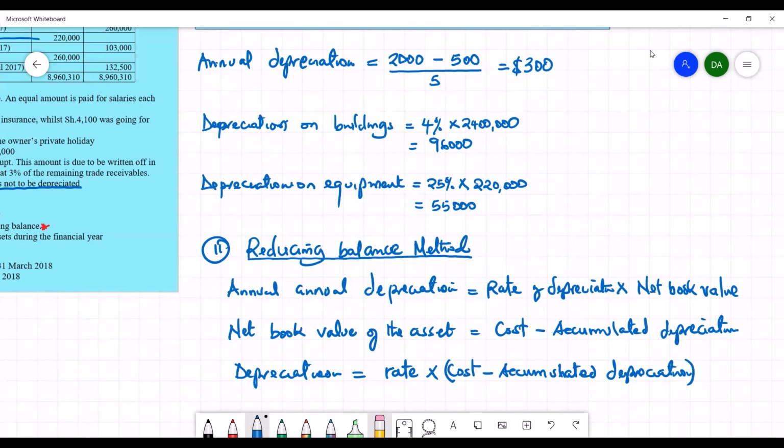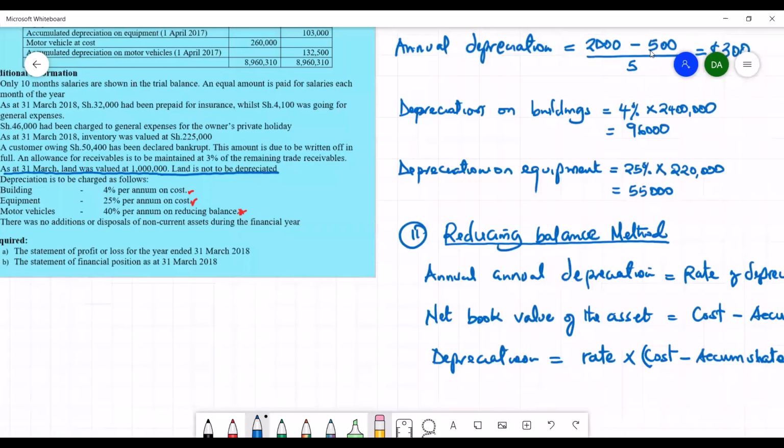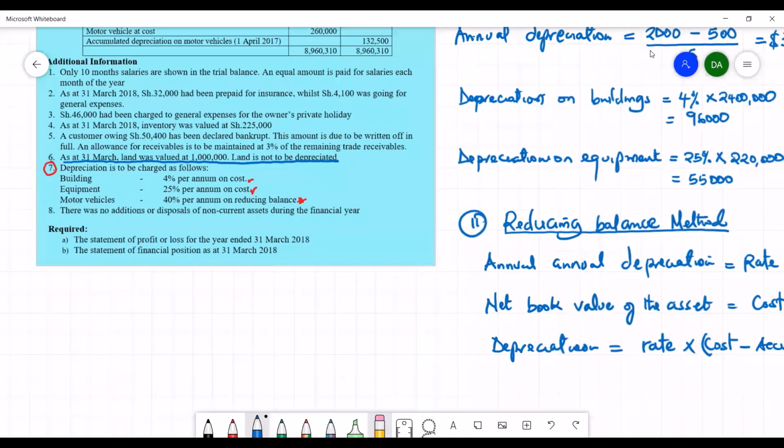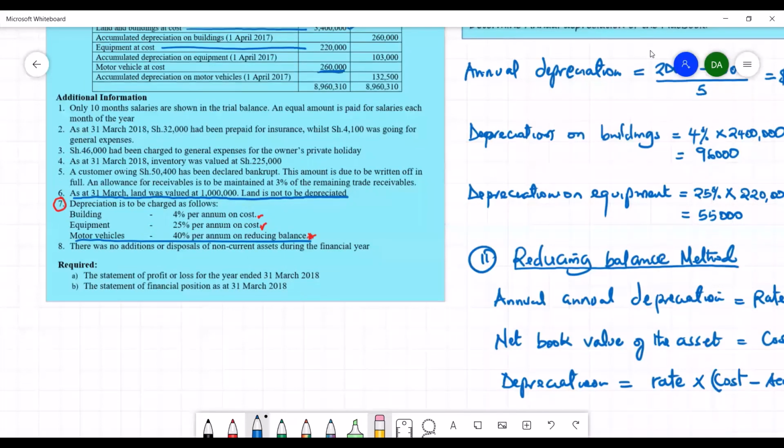So that is how we determine depreciation using that method. Let us illustrate this using our illustration question. We want to use the motor vehicles, which is depreciated at 40% reducing balance method.